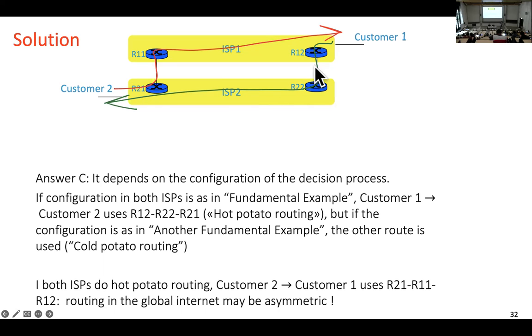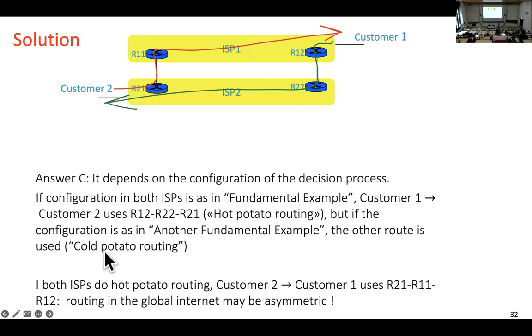The consequence of such routing is that the traffic that goes from customer 1 to customer 2 takes this path, the green path. However, the traffic in the other direction takes a different path, which means that the global internet routing might be asymmetric. Packets in different directions may take different paths.